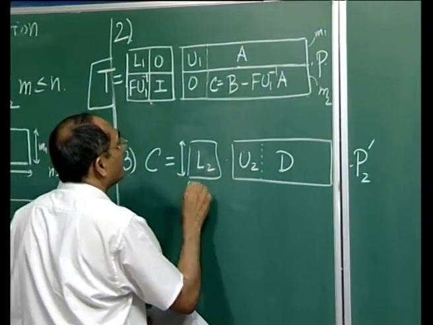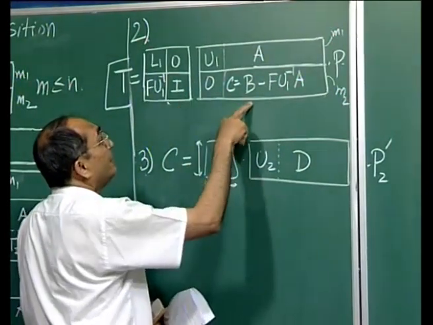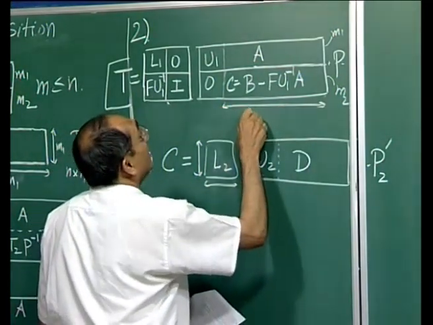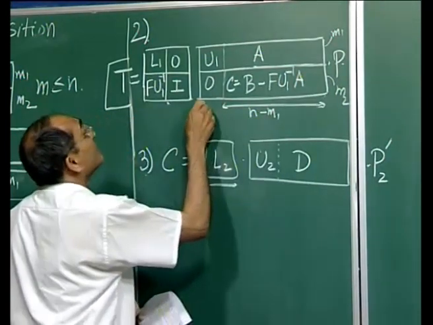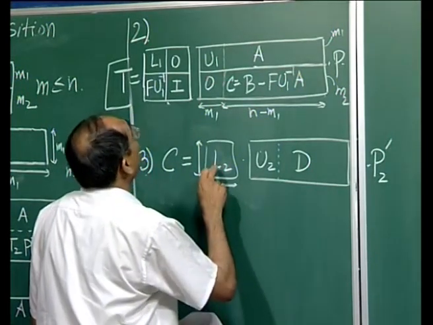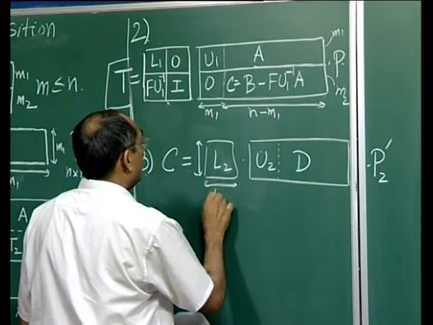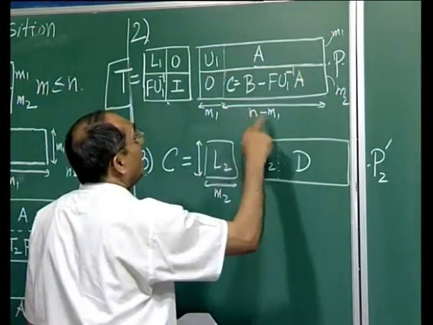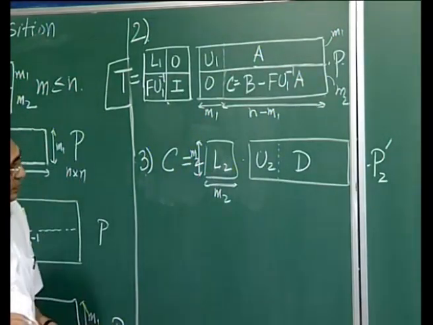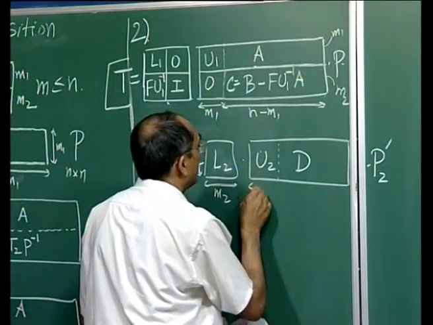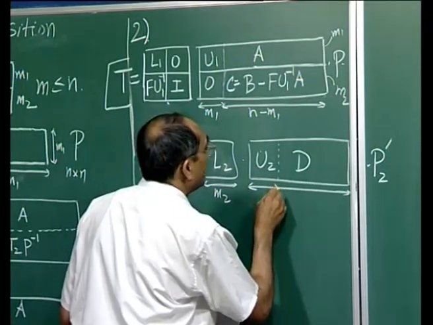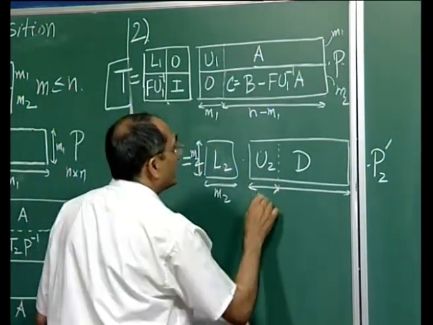These are, this was M2 by N minus M1 size. This was M1. So, both of the dimensions of L2 are M2. This is M2 by N minus M1 size. This is M2 and, okay, we will split it here. This is M2.